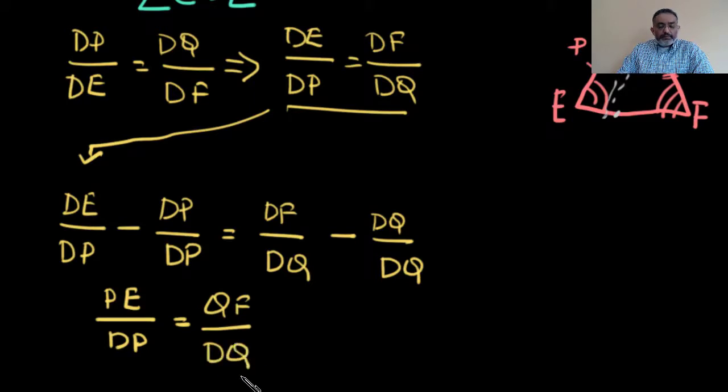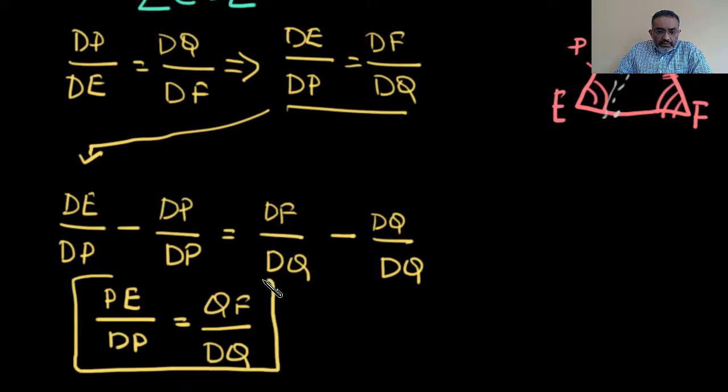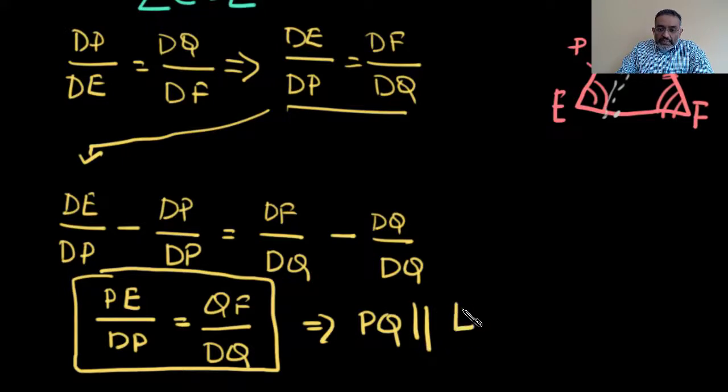All right, now this very clearly looks like the basic proportionality theorem. The proportion between these two sides is equal to the proportion of these two sides. There is only one thing that it means. This means that PQ is running parallel to EF. That is essentially the meaning, and therefore this angle right here and this angle right here are basically equal.